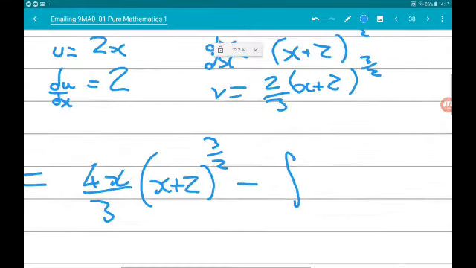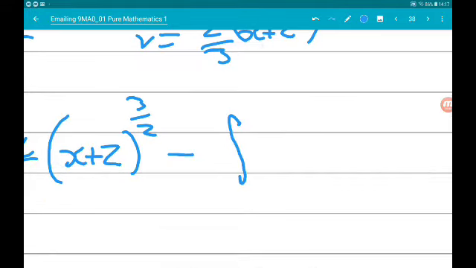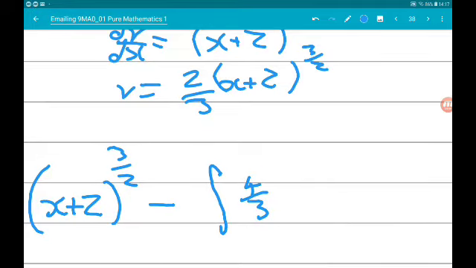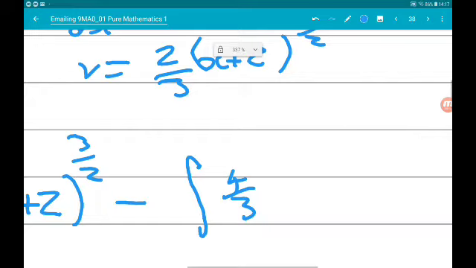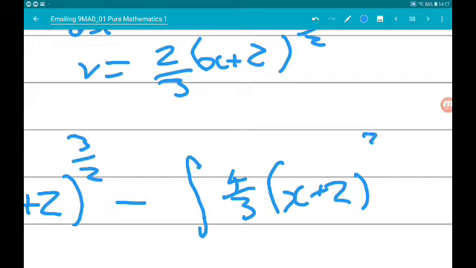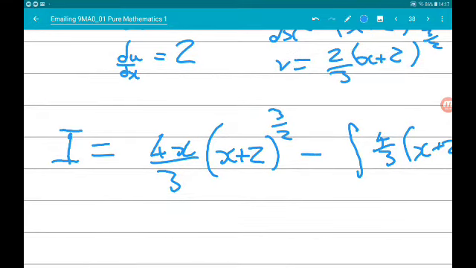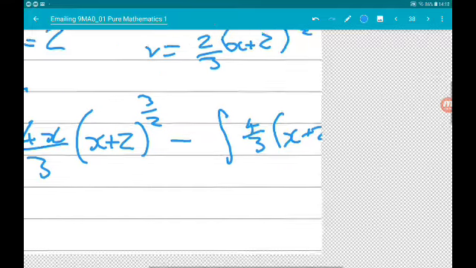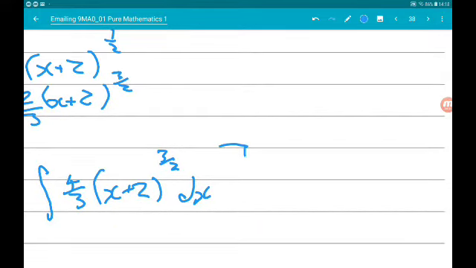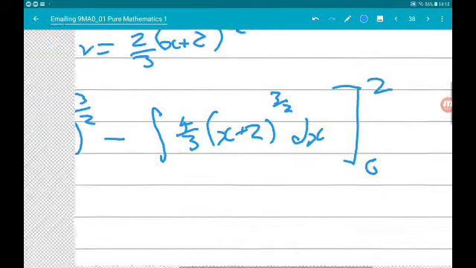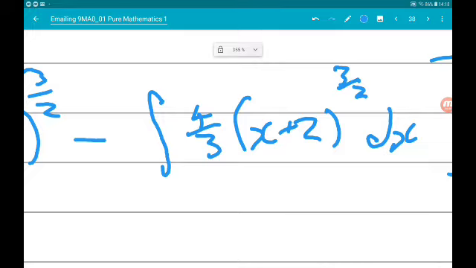So that's going to be minus the integral of 4/3 x add 2 to the 3/2 with respect to x. Okay, so I suppose really we should put big square brackets around all of that and say it's between 0 and 2. So now we need to integrate this guy here.